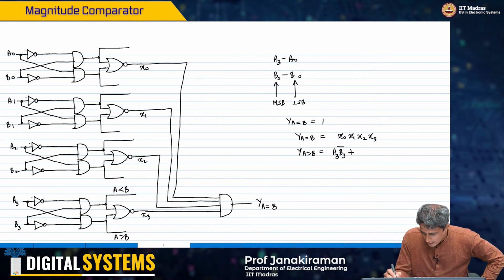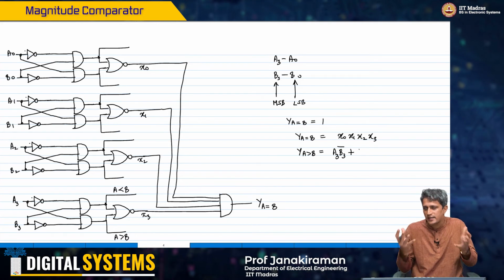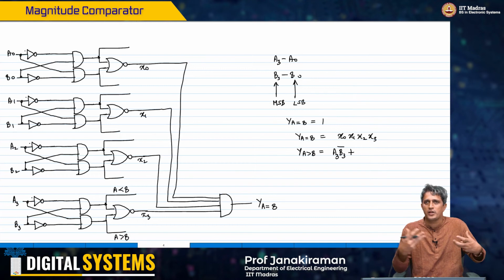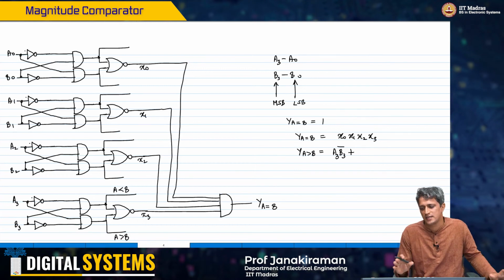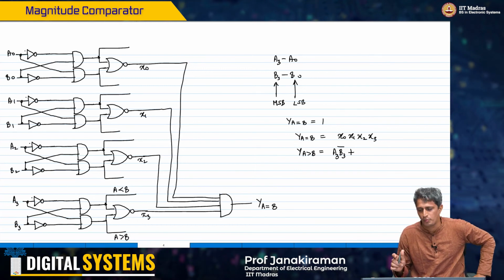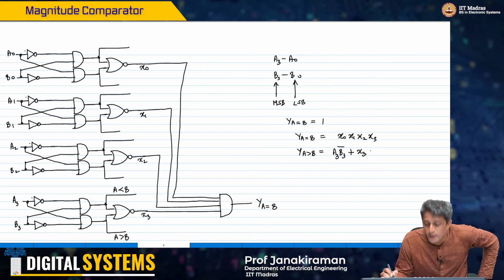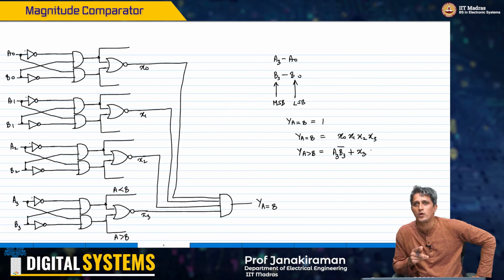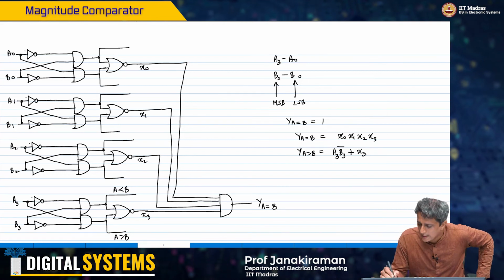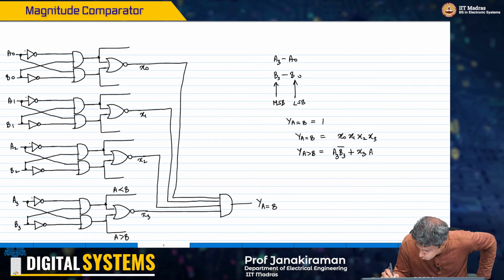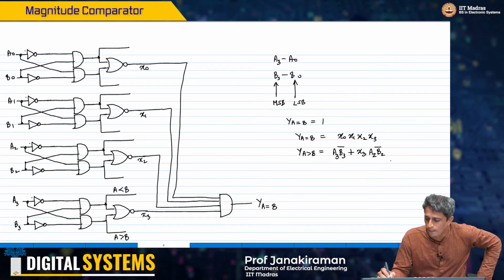And if that is the case, that is the MSB, A3 is 1, B3 is 0, then we are done. We just say that is A greater than B. If not, then obviously x3 should be 1. That is, A3 and B3 should be equal. And then you do the ANDing with A2, B2 bar.